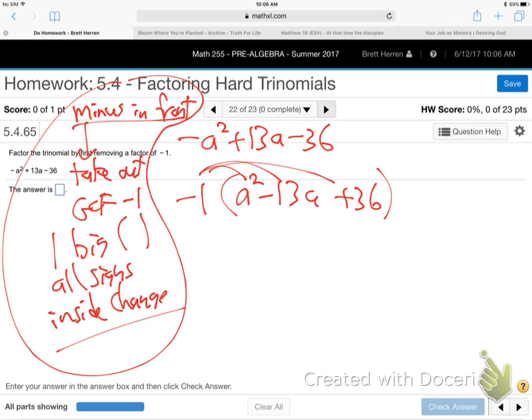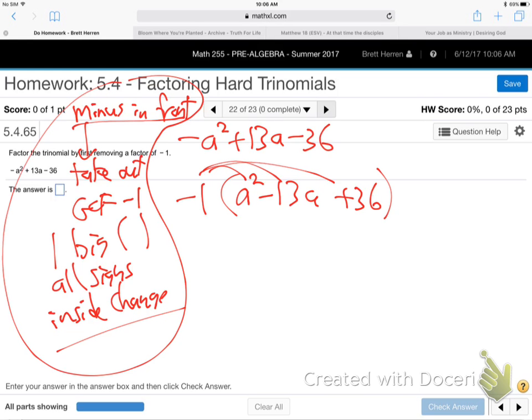So keep going from there. So you're getting it to work from there.